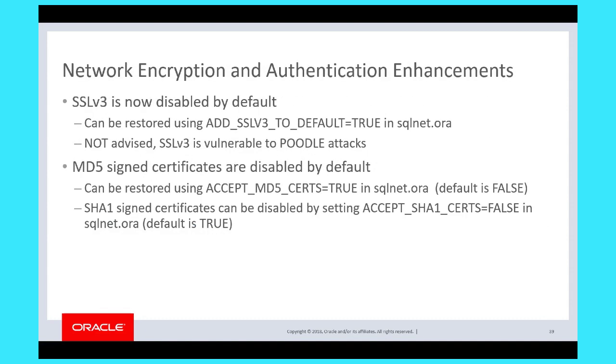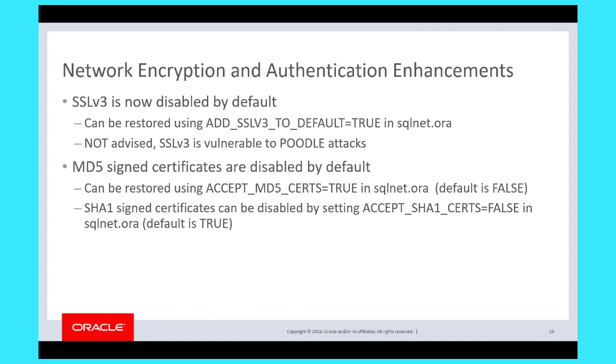We've made some changes to encryption of data in motion, particularly around TLS or certificate-based encryption. SSL v3 has been considered insecure for a while. In 18C, we have now disabled SSL v3 by default. So you no longer have to go in and explicitly remove it.